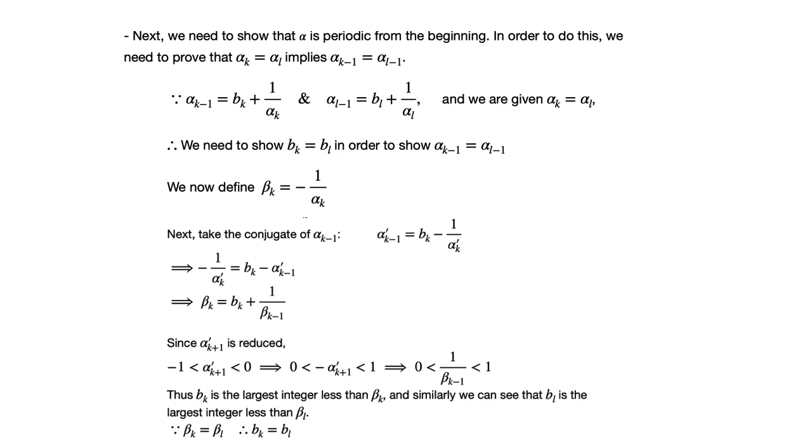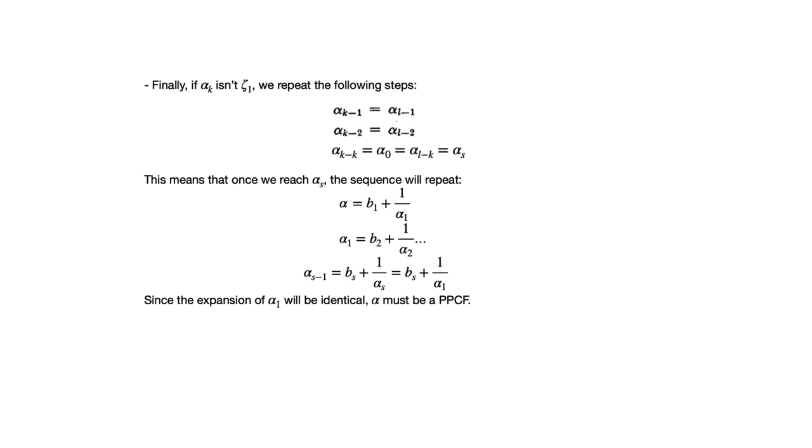What this means is that b_k is the largest integer less than beta_k, and if we repeat this on b_l and beta_l, we can see that b_l is the largest integer less than beta_l. And since we already know that beta_k equals beta_l, we can get that b_k is equal to b_l. Finally, if alpha_k is in the first complete quotient, we can just repeat the following steps.